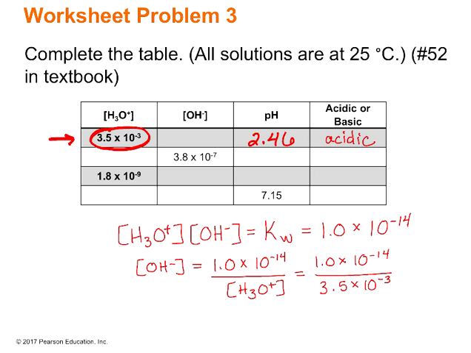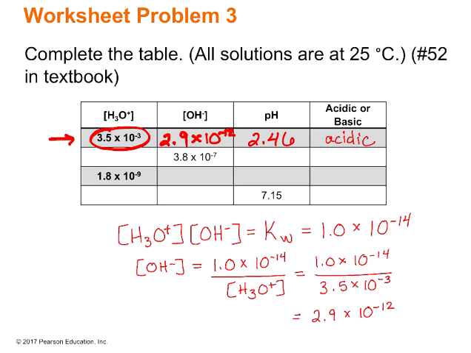So if you want to pause and solve that, feel free. The value that I got was 2.9 times 10 to the negative 12th. So I'll just add that here to the table.